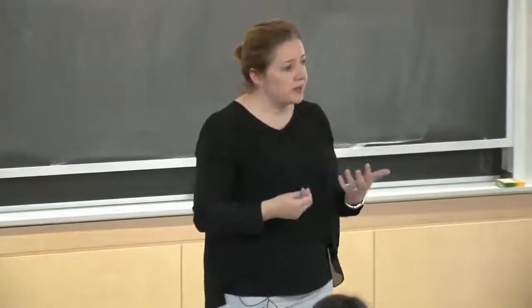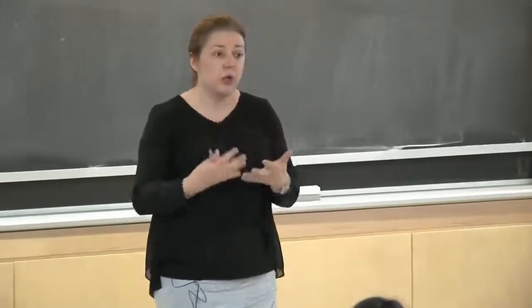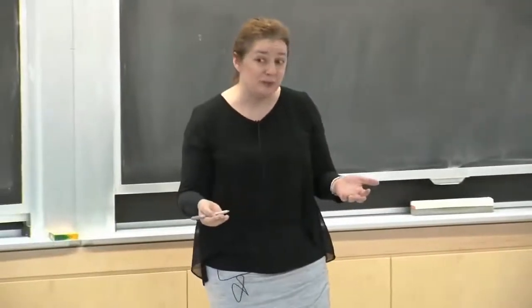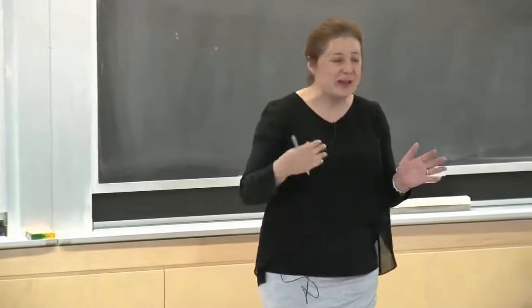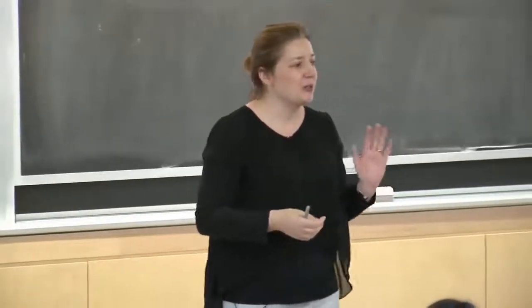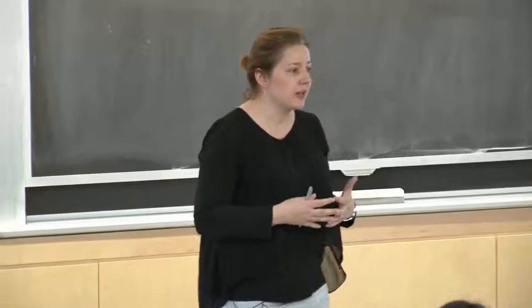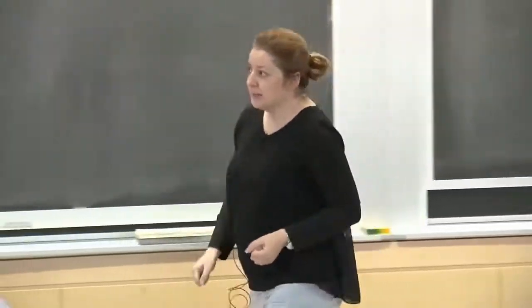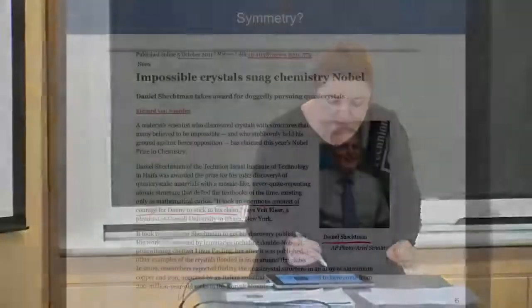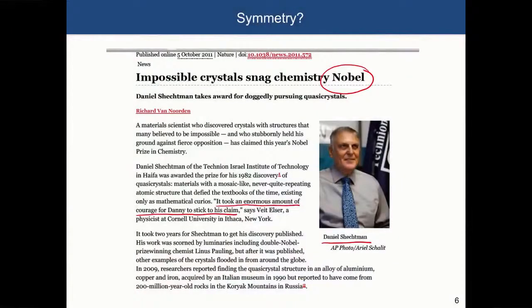So he was really fighting against this established knowledge that we actually built in 312. I was convincing you throughout the time that 5-fold or 10-fold rotational symmetry doesn't exist. And yet he had to fight against that, right? And this is yet another example of how a Nobel Prize was given for diffraction experiments. Just to encourage you, if you know your diffraction, there is still time for a Nobel Prize. Because if you know what the diffraction pattern represents, you can, in principle, reconstruct how your material looks.